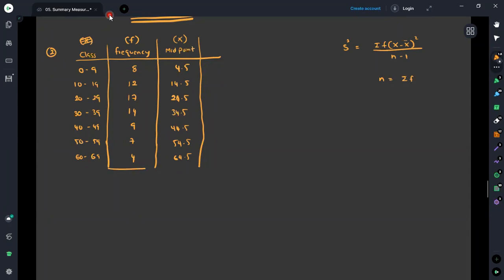The summation of f is the summation of the frequency values. It is 8 plus 12 plus 17 plus 14 plus 9 plus 7 plus 4, which leads to the value 71.